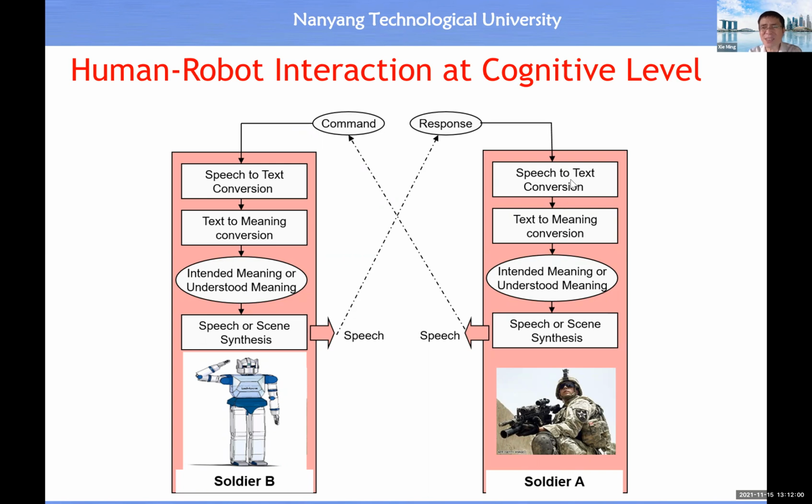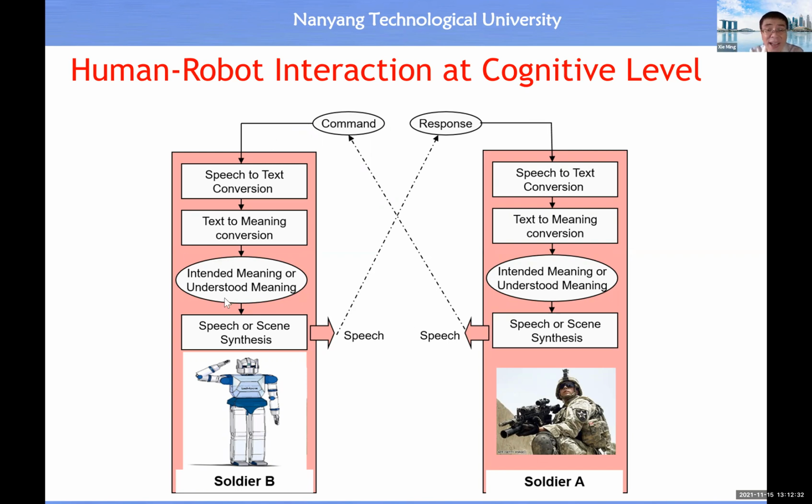The first one is to convert speech to text. The second one is to convert text to meaning. And the third one is to store understood meaning, to generate intended meaning, and convert intended meaning written in the form of a language into speech. Then we speak out the meaning through the voice.